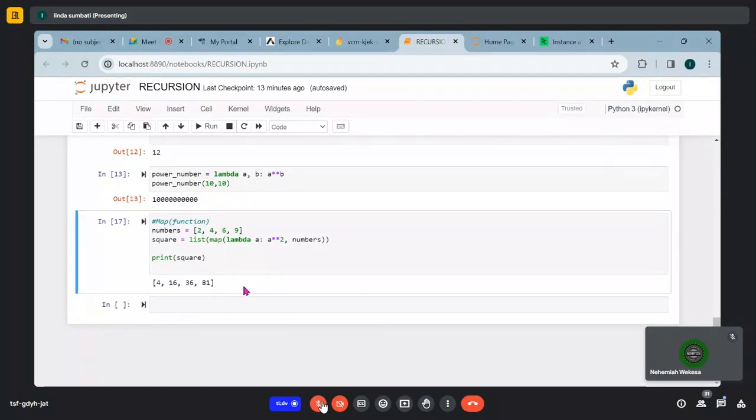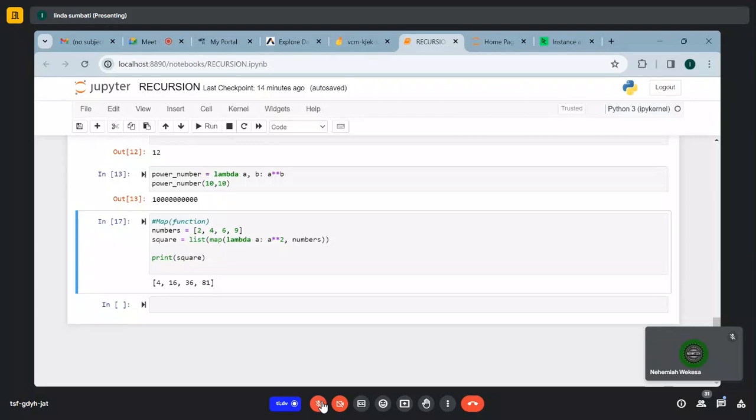Yeah. So the map. Yes. The map is for the list alone? Because the usage of the map function here is that it is used to apply a lambda function to each element of the list. So it applies a lambda function on each of the elements on the list. So that is the work of the map function here.